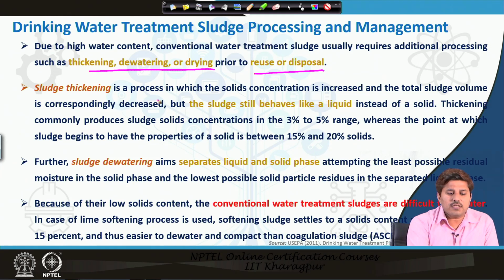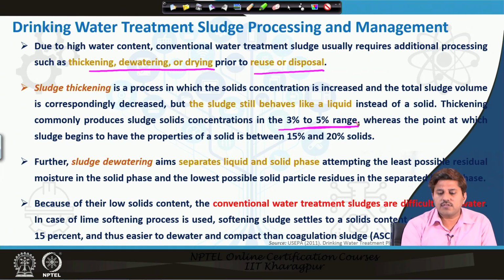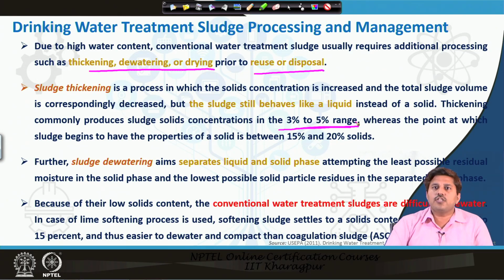So, sludge thickening is the process in which the solid concentration is increased to a range of around 3 to 5% solid content. Earlier we said it is in the range of 0.5 to 2%, now we increase it to the 3 to 5% range.